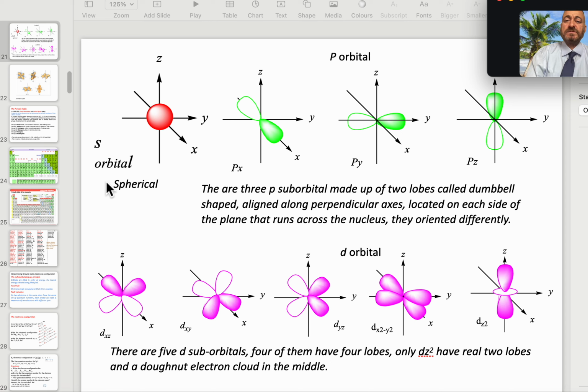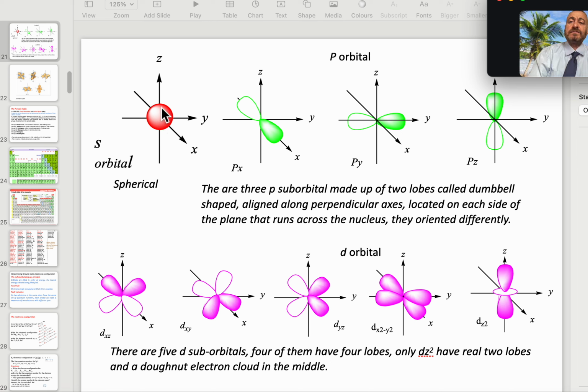So the S orbital looks like this, spherical. It's like a ball, spherical, and this is the real space of the S orbital. The S orbital is a space that can be occupied by an electron or two electrons, or even exist without electrons.